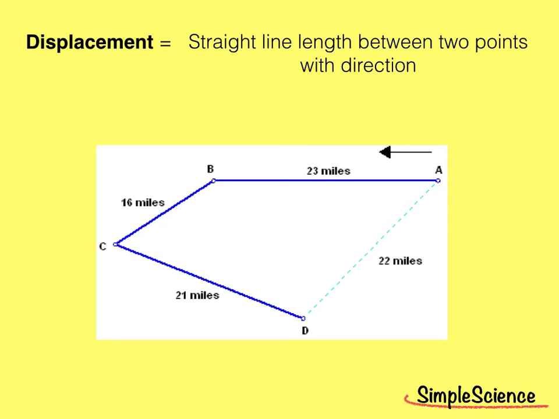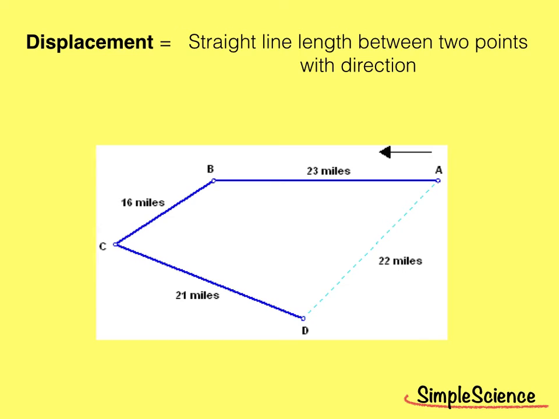Because we try to give it a direction as an angle or a direction using north, south, east, west, or using bearings. But in this situation we are not given angles, so we can use north, south, east, west as a way to depict the direction.